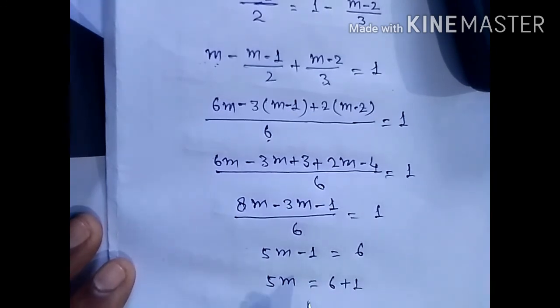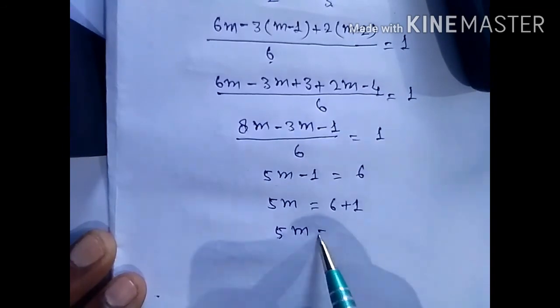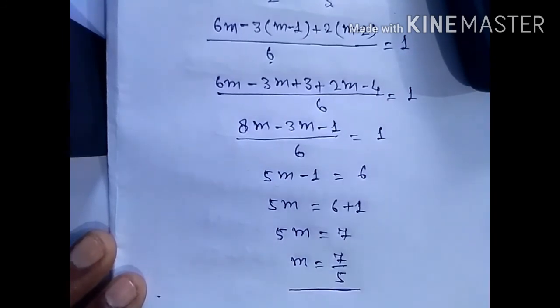We have transposed this minus 1 from the left hand side to the right hand side, so it will be plus 1. 5m is equal to 7, student, and m will be 7 by 5. So this is the value of m, student, and this is the answer of this question.